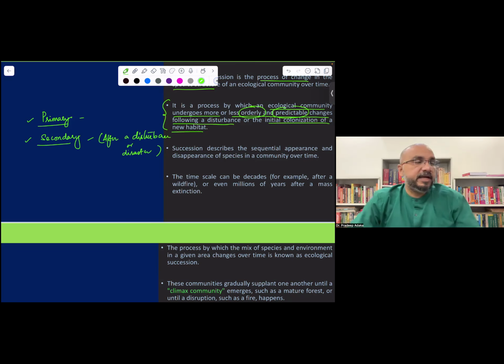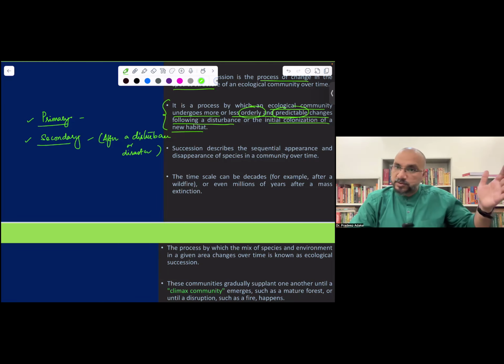There was no community here. This is bare rock that has been exposed, either due to tectonic activity, okay, so these rocks are exposed now and these rocks are undergoing weathering, and from the beginning there was no plant community here. It is the initial stage. So from the weathering of the rocks, the lichens will grow and slowly a community will begin.